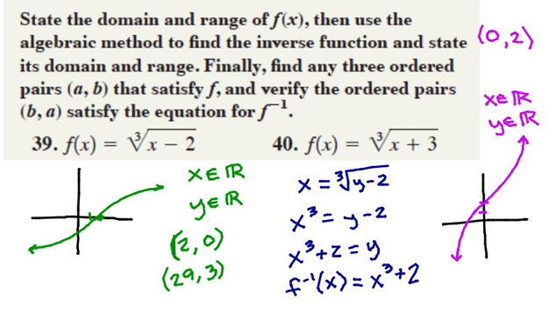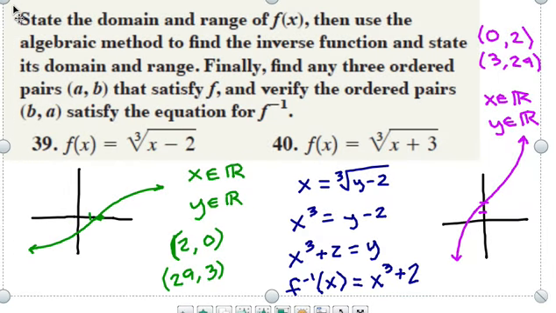If I plug in 3 for x, 3 cubed is 27 plus 2 is 29. You'll do that for 3 coordinate points, and we'll see that this continues to match up and all of our x's and y's flip. That will be the first piece of things you see tonight.